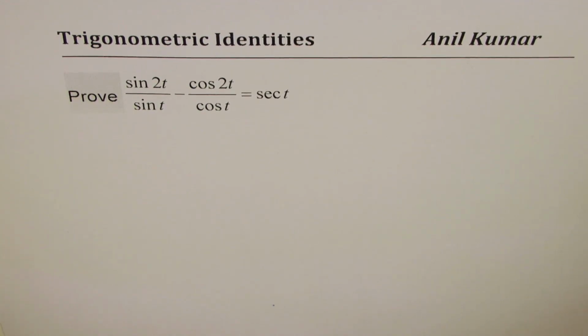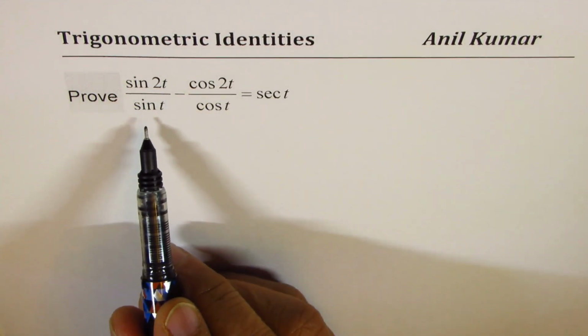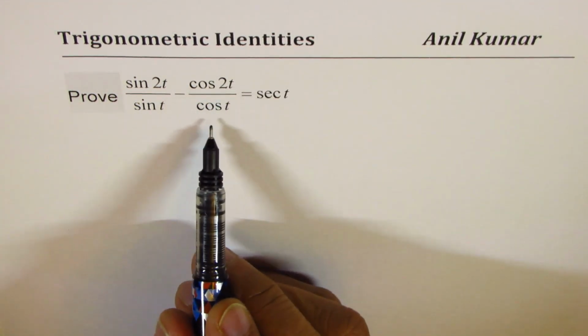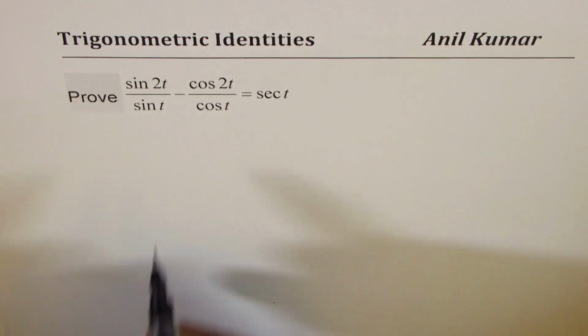Now we'll take up a trigonometric identity which involves double angles. We need to prove sine 2t divided by sine t minus cos 2t divided by cos t is equal to secant t.